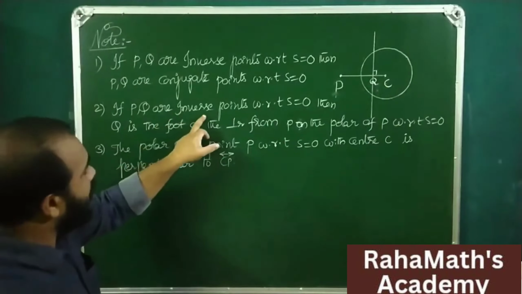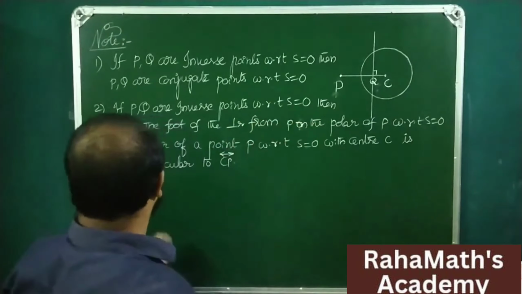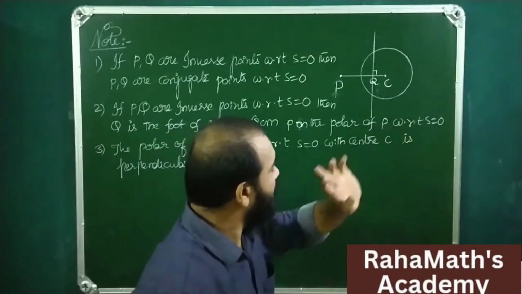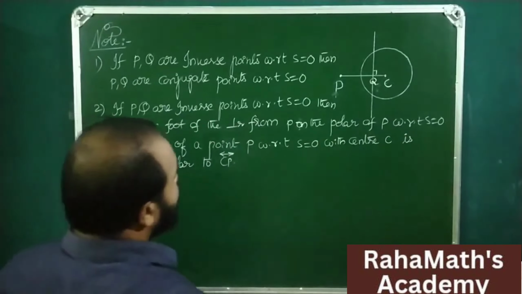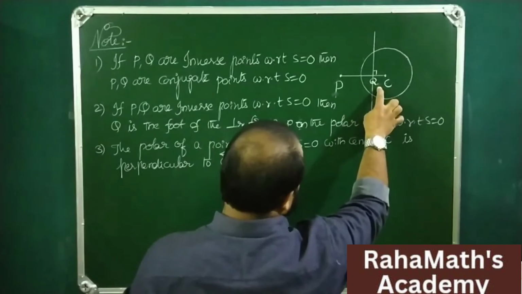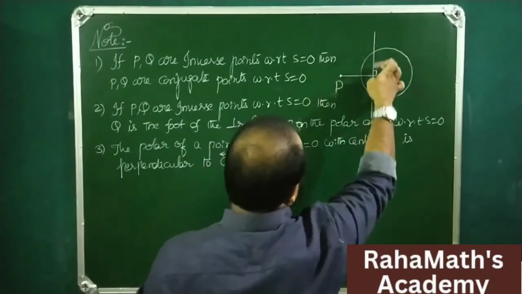If P comma Q are inverse points with respect to S equals to 0, then Q is the foot of the perpendicular from P on the polar of P with respect to the circle. So Q is the foot of the perpendicular from the point P on this polar.